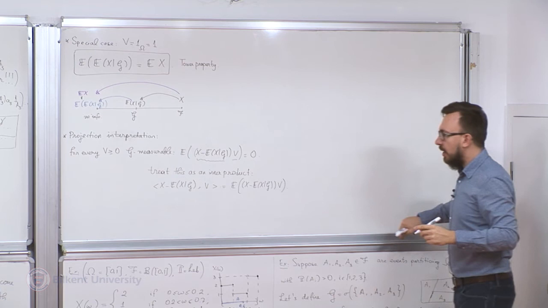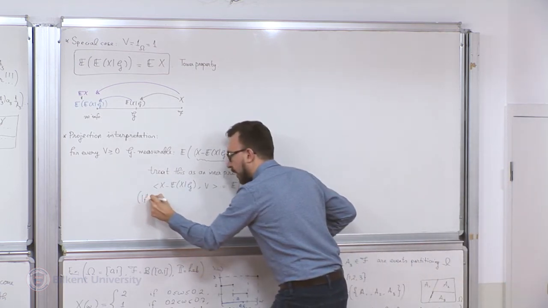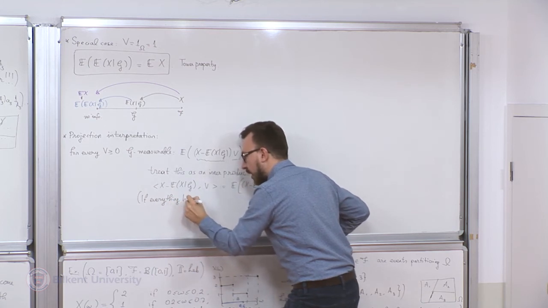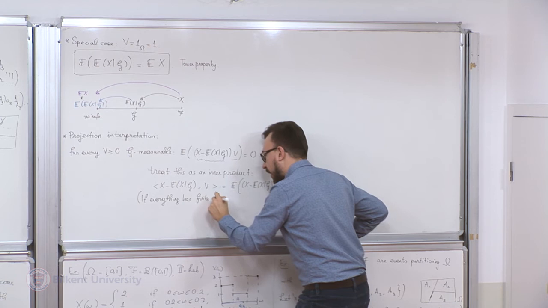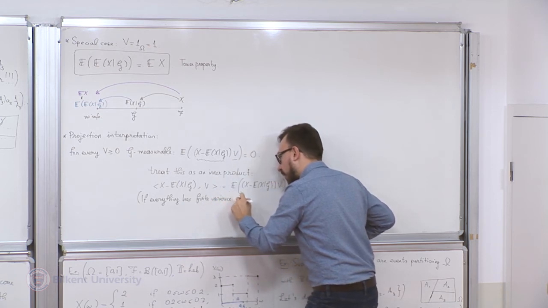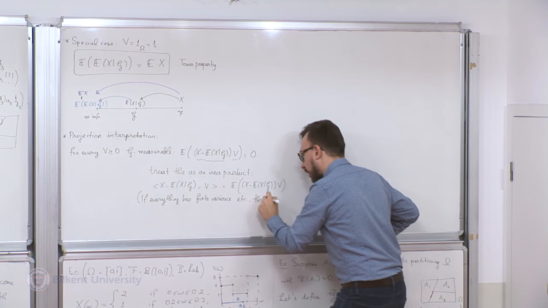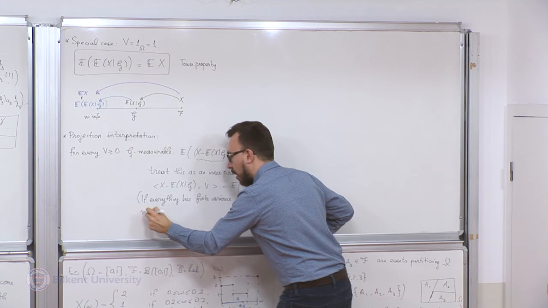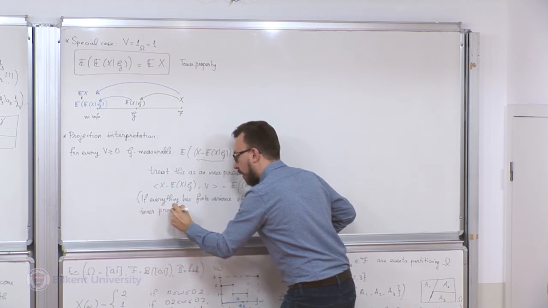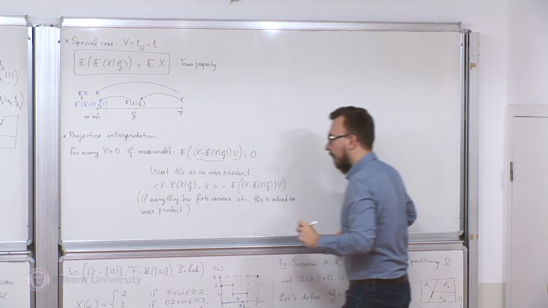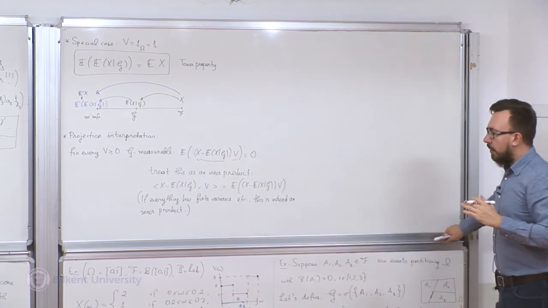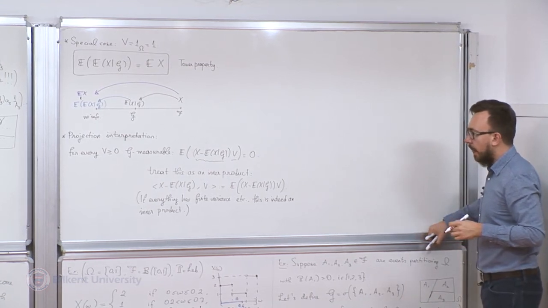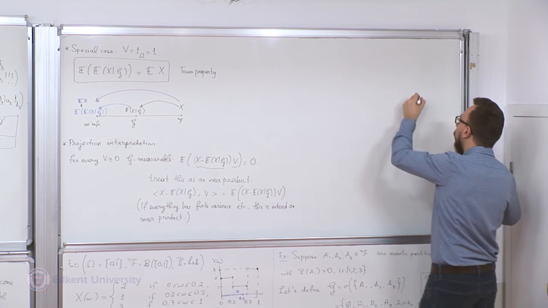Indeed, if everything has finite variance here, etc., this is indeed an inner product on the space of random variables with finite variance.